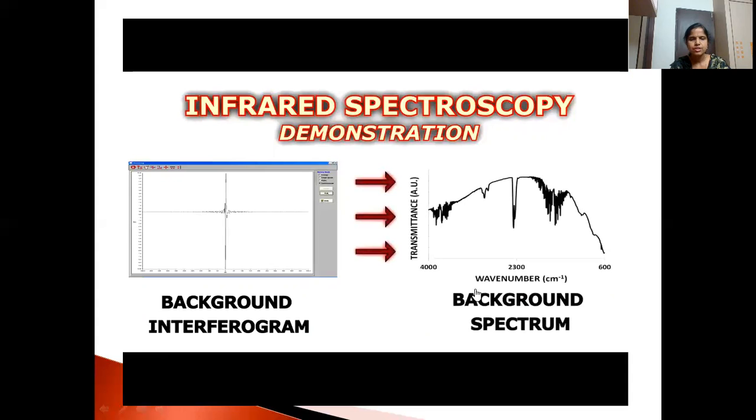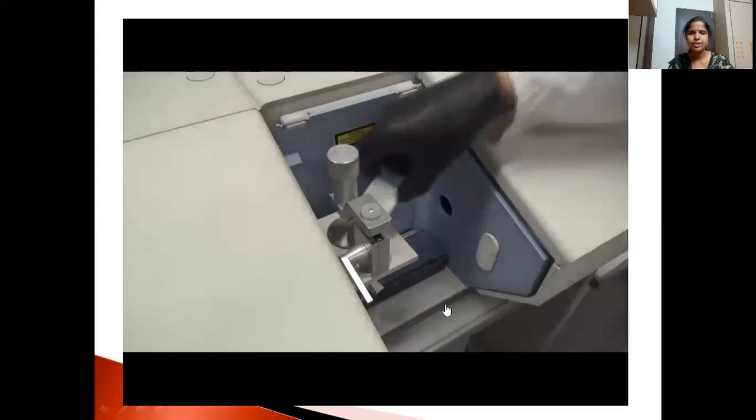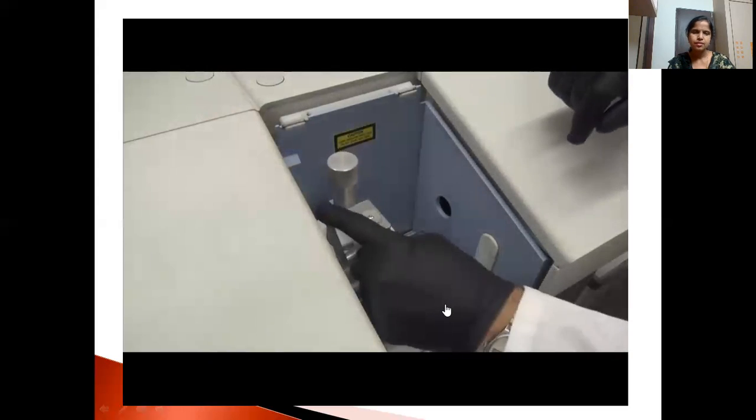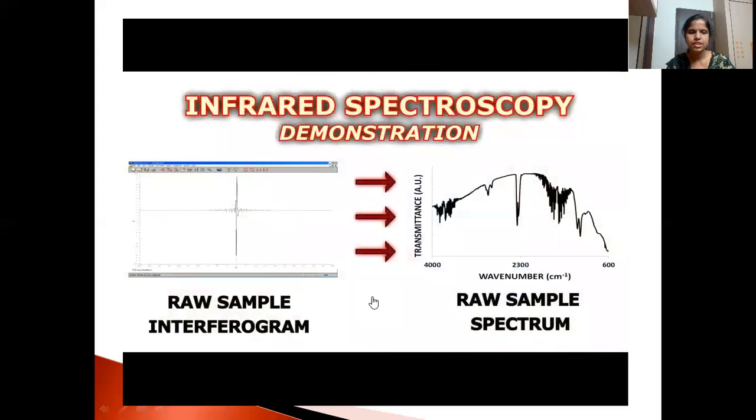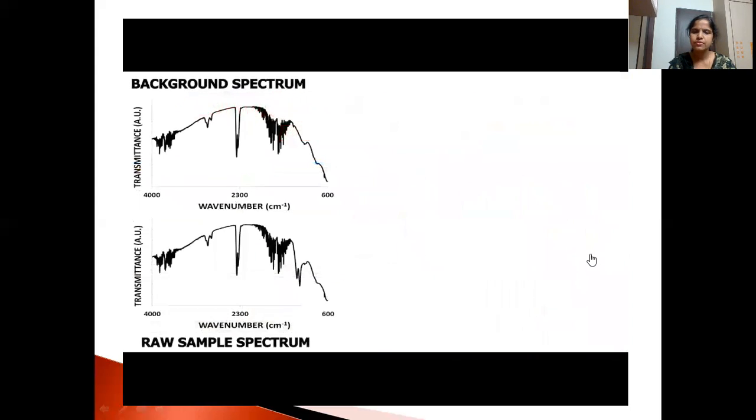The background spectrum will look this way, and this is nothing but because of the moisture and carbon dioxide present in the machine. Now take the sample, load it on the ATR and record the spectrum. The raw sample spectrum gives rise to this spectrum, and this part is in excess when we compare with the background spectrum. The background spectrum does not have these peaks.